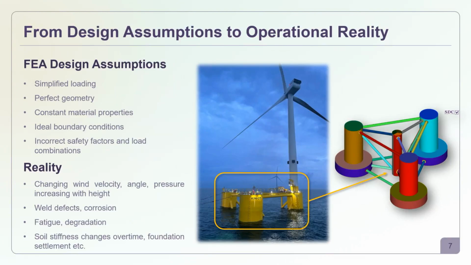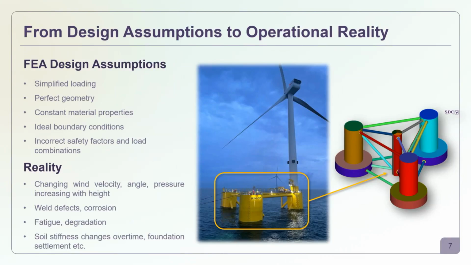Also, material degradations occur over time due to fatigue and corrosion, causing reduction of thickness and weakening of material. Weld imperfections can also influence stress distributions and so on. Also, in offshore structures, soil stiffness and support conditions might also change during the structure's lifetime.